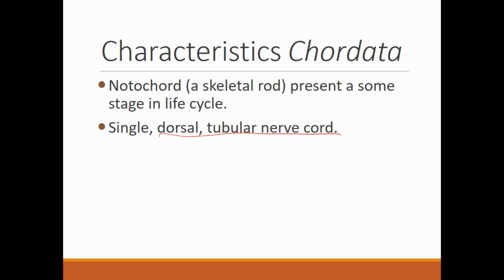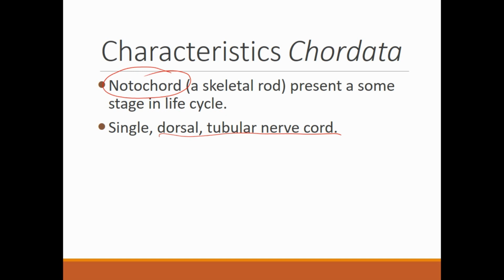Some, and very few, this goes back to the Flipgrid Friday question about true or false: are all members of chordata vertebrates? The answer is false, because you can have all the characteristics but not have your dorsal nerve cord contained within a spinal column. Right? It can be supported by a cartilaginous rod called a notochord.